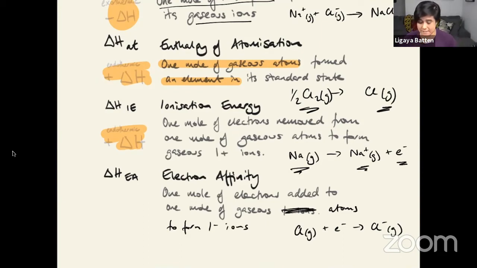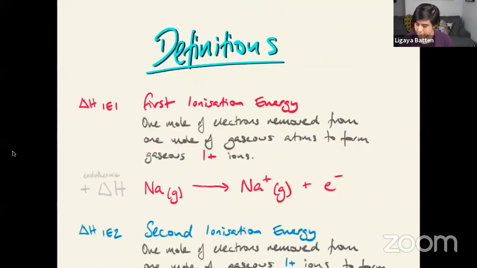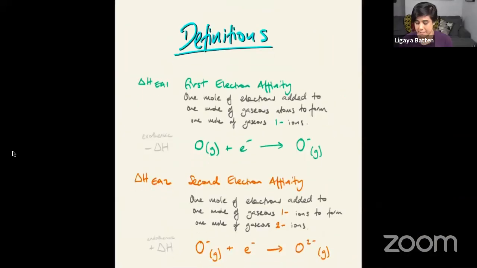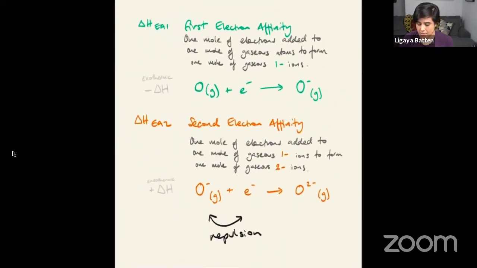Now the reason we haven't said whether it's exothermic or endothermic yet is because it depends on whether it's the first electron affinity or the second electron affinity. Yeah, the first electron affinity is exothermic. The second electron affinity is endothermic. And that's because, again, making bonds is exothermic and breaking bonds is endothermic.